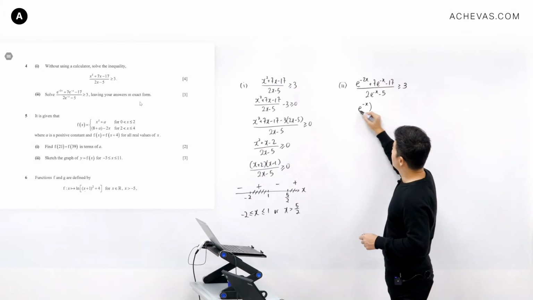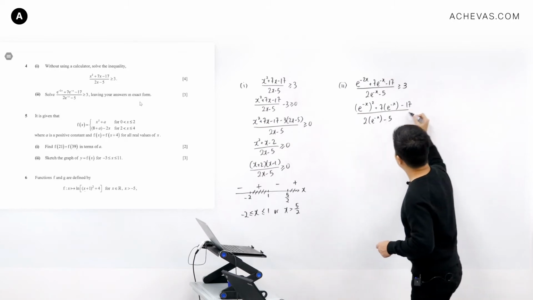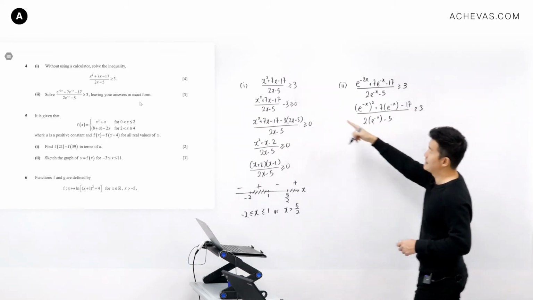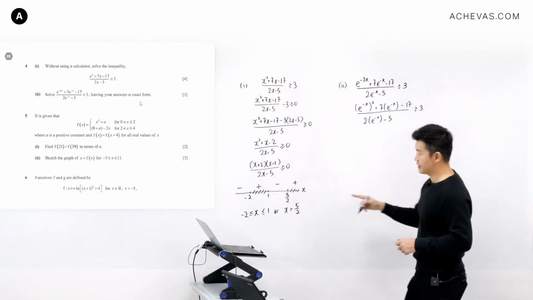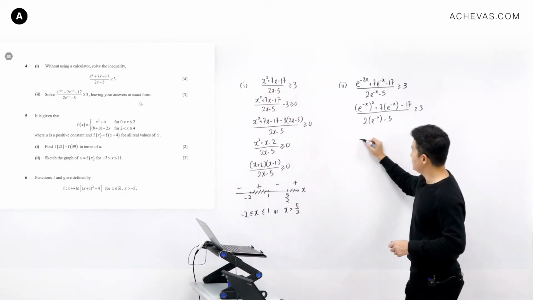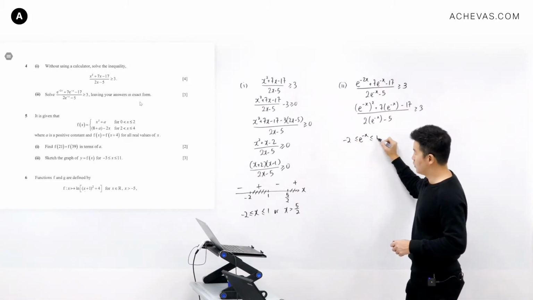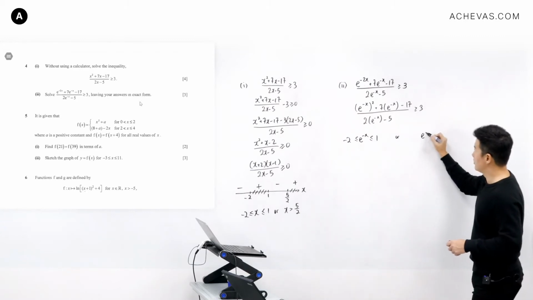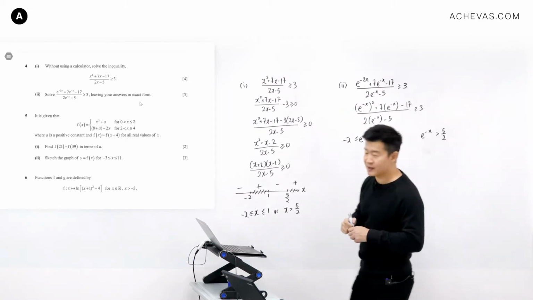So this is this to the power of 2, plus 7 times this again, then minus 17, divided by 2 times e to the power of minus x again, minus 5, bigger or equal to 3. So I can see all the x is going to be replaced by e to the power of minus x, which means that from here, e to the power of minus x is going to be between minus 2 and 1, or e to the power of minus x is going to be strictly bigger than 5 over 2.